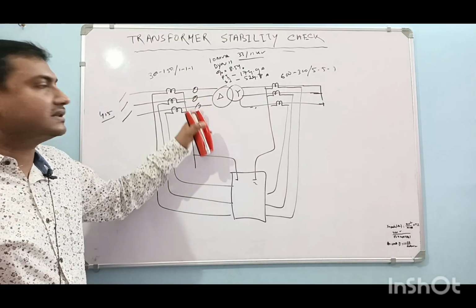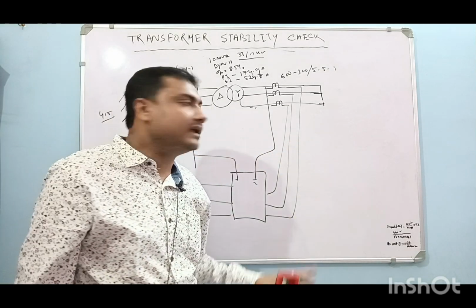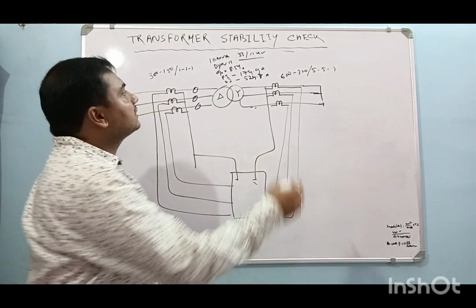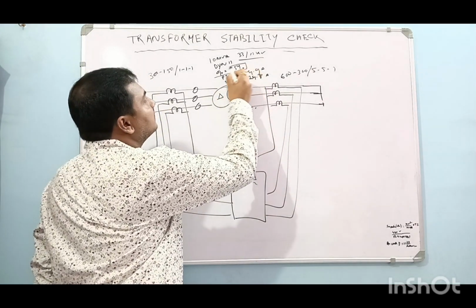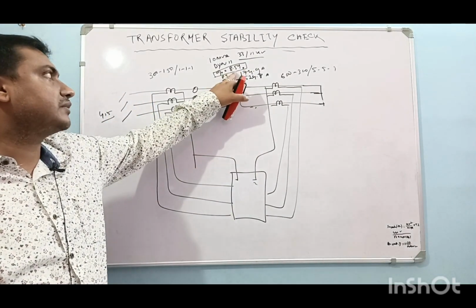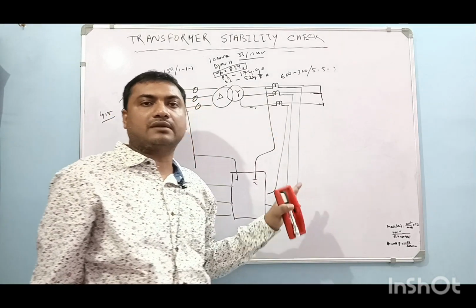So how much current should there be? We will first calculate it mathematically. We know the percent of impedance is 8.5%. We will use the impedance method to calculate the current.